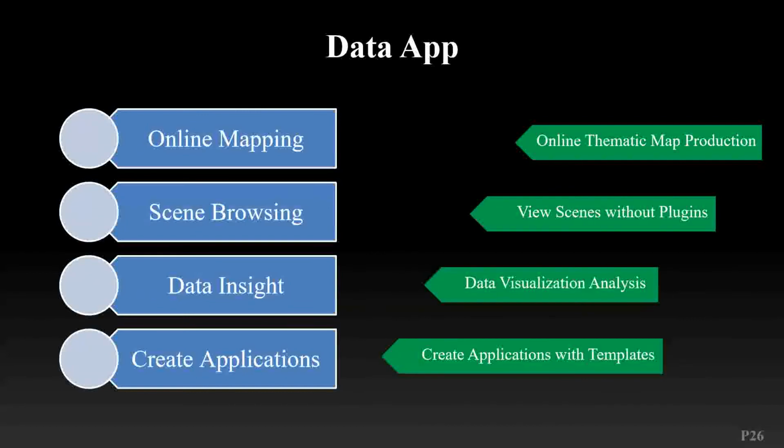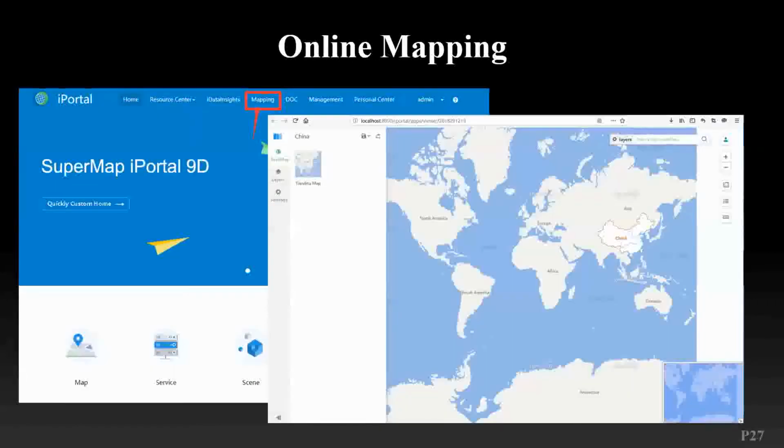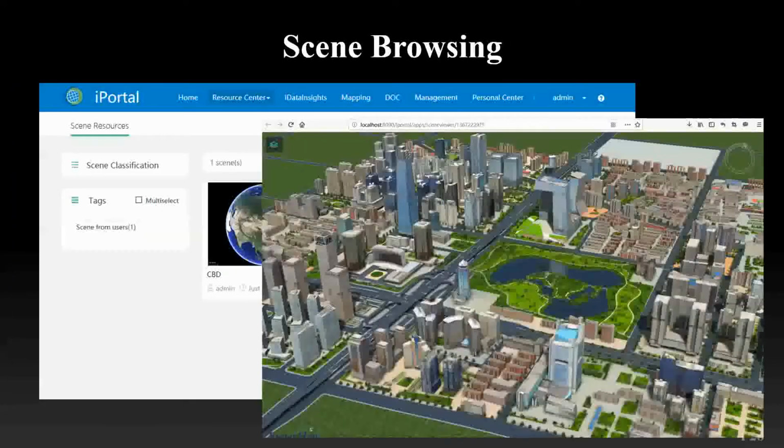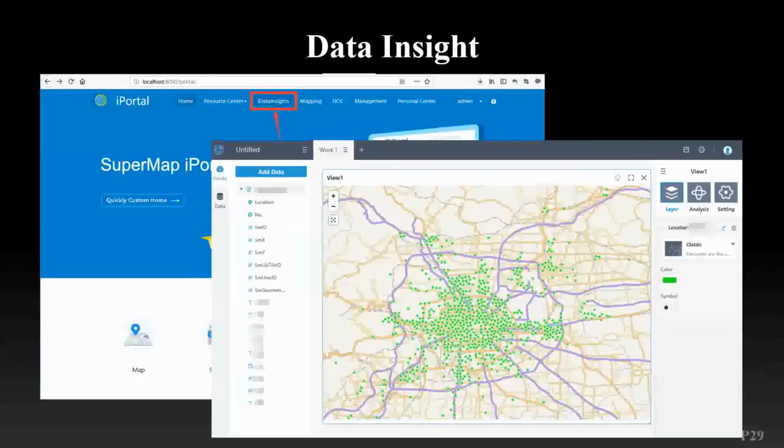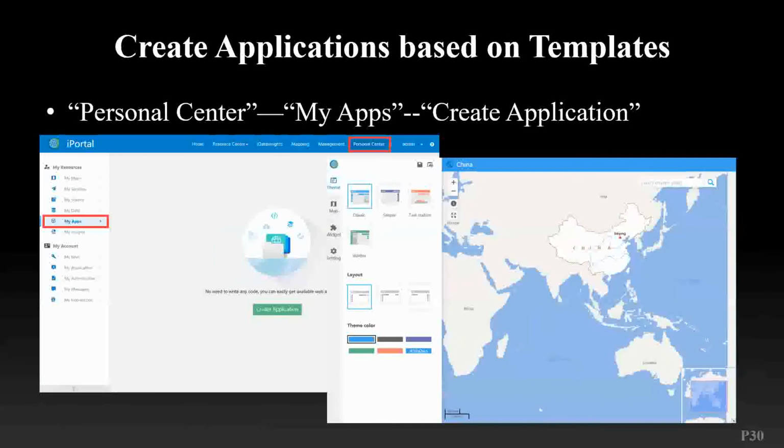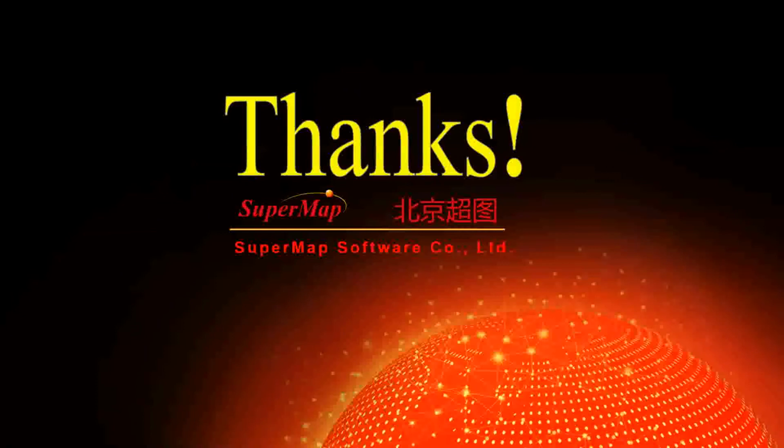We call it web app builder. We can easily create applications with templates and without coding, such as online mapping, scene browsing, and data insight. Okay, that's all about the introduction of iPortal.